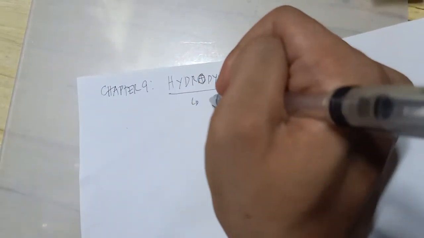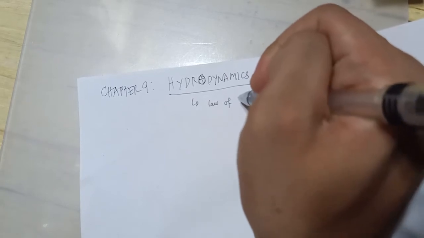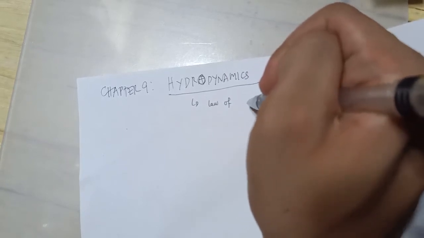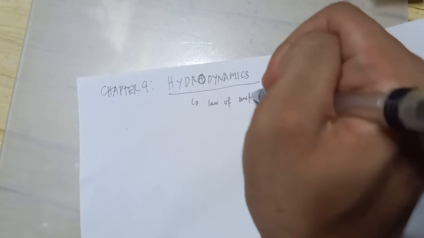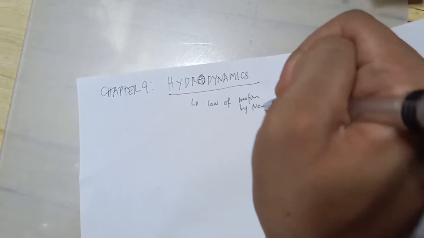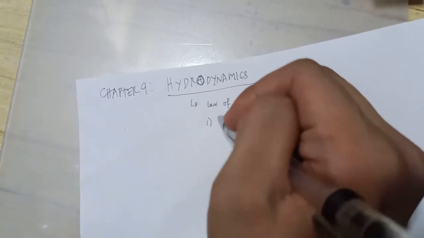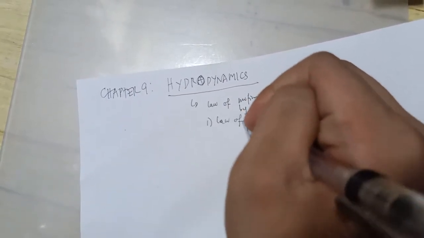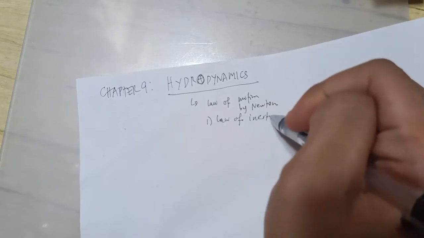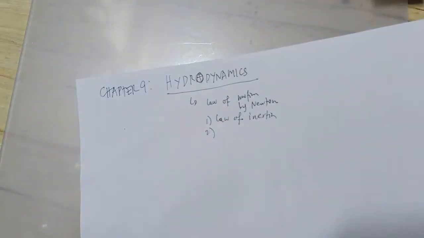Laws of motion by Newton. So first, law of inertia. Second, a particle acted upon by an unbalanced force system has an acceleration in line with and directly proportional to the resultant of the force system and inversely proportional to its mass.